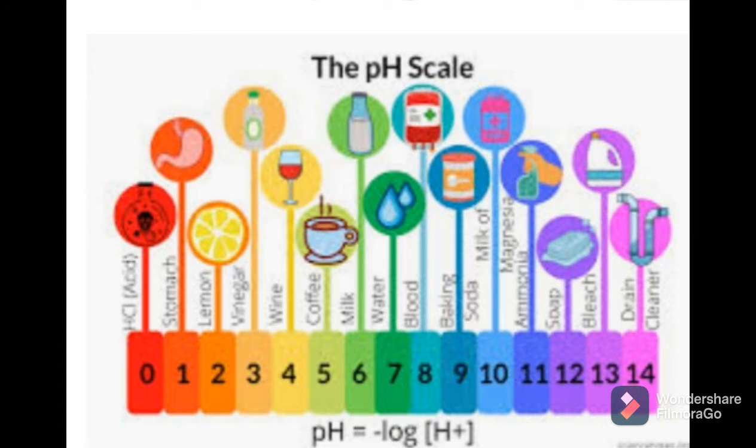Also human saliva and human stomach content are acidic in nature. Tap water is neutral, because water is a neutral solution. It is neither acidic nor basic, so it shows pH 7.